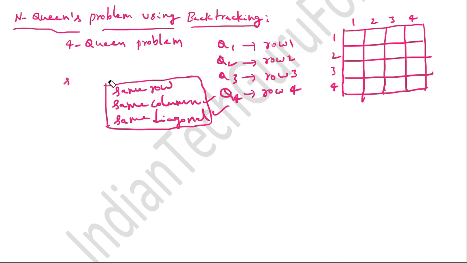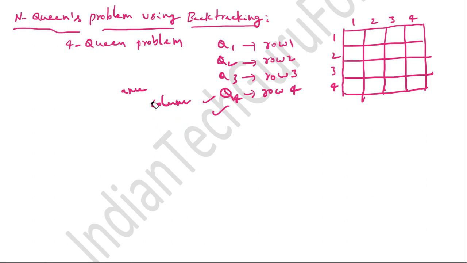Let me have some space here because we are going to get a large tree for backtracking purposes. The tree resulting from this solution is called a state space tree.